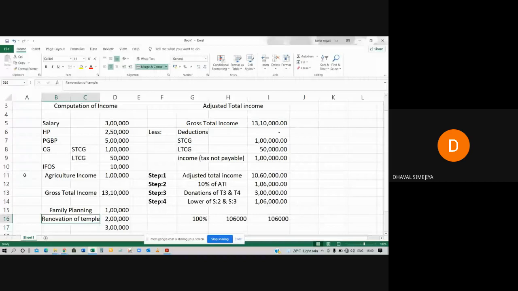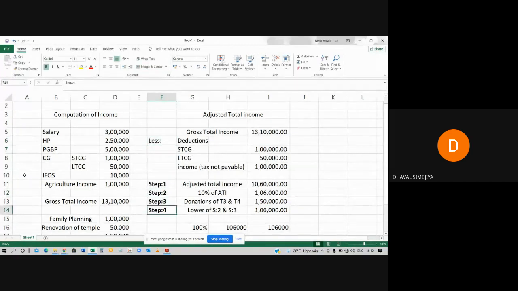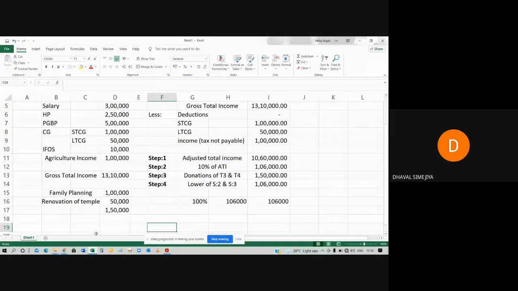Okay, now the question will be different. The donations of table 3 and table 4, up to this it will be the same. Gross total income, step 2, step 3 will be the same. Now lower of step 2 and step 3, 1,50,000 or 1,06,000. So the answer is 1,06,000. So out of 1,50,000, only 1,06,000 available.